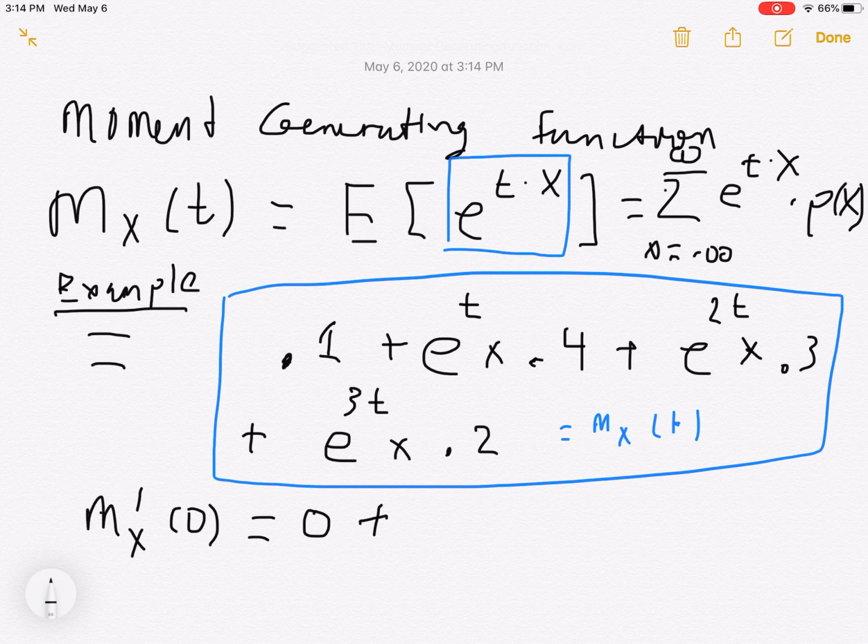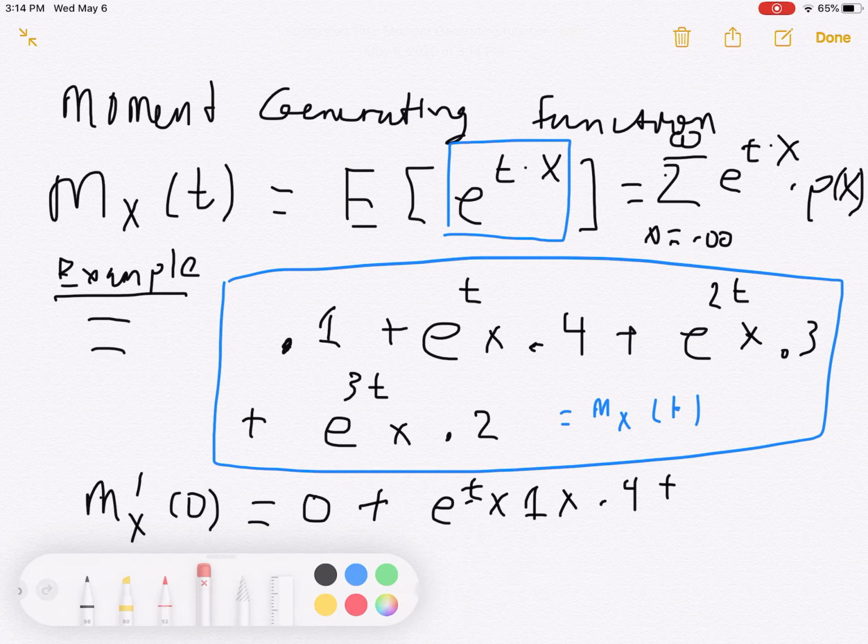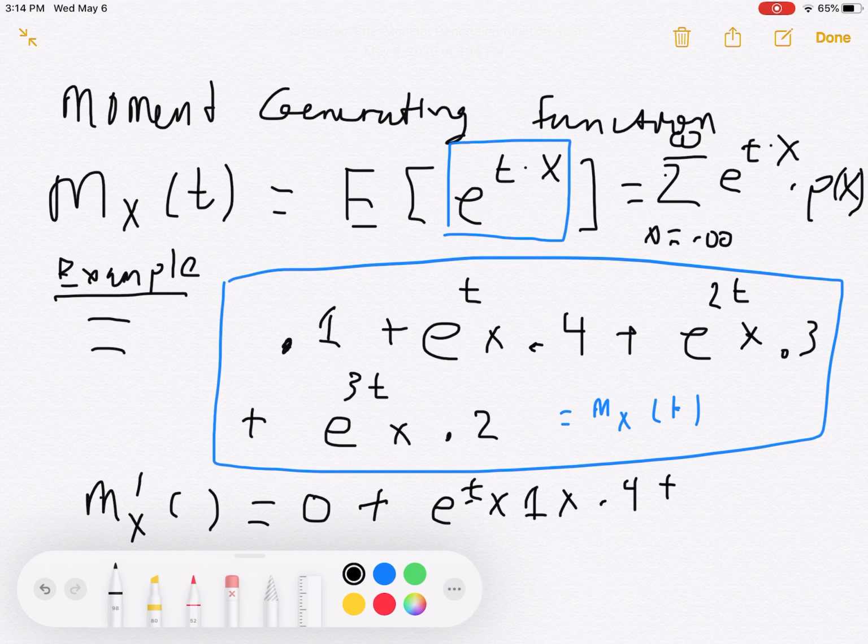When I differentiate e to the t, I'm just going to get e to the t times 1. Then, let's not plug in 0 yet, but I'll plug in t.